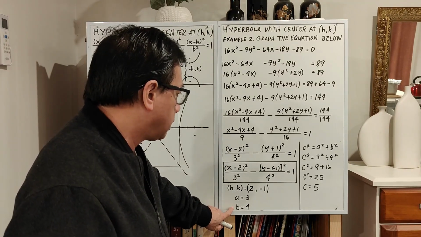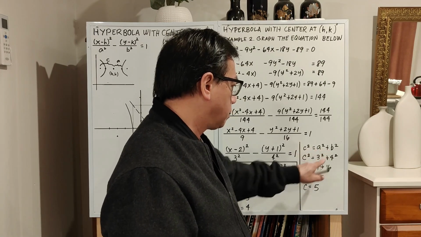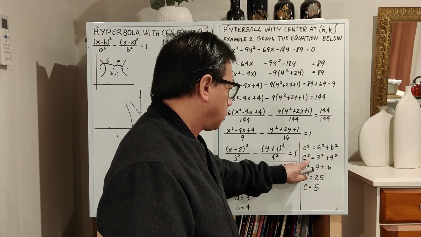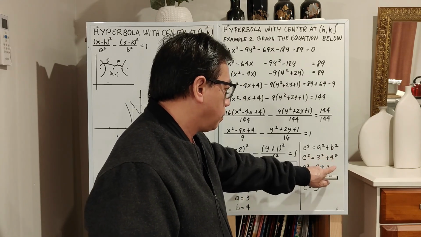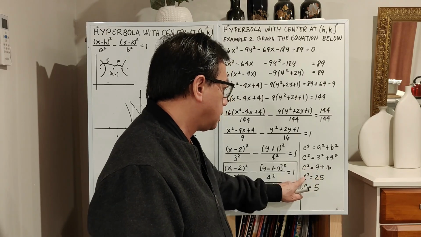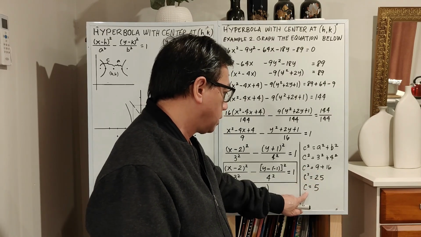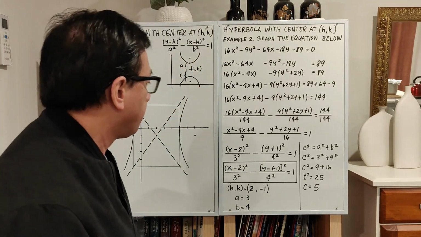We need to find c. We use this equation. C squared is equal to a squared plus b squared. So c squared is equal to a, which is 3, and then b, which is 4. C squared is equal to 9 plus 16. C squared is equal to 25. So c is equal to 5, taking the square root of both sides.